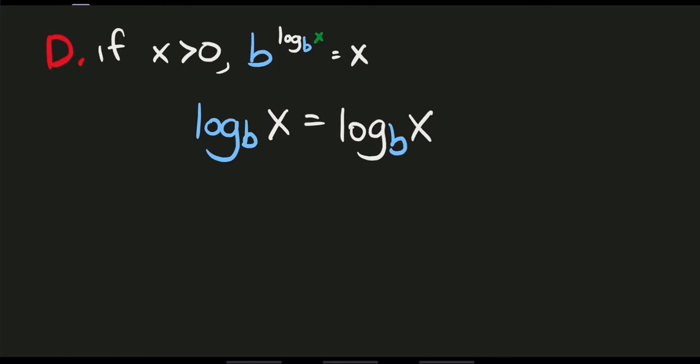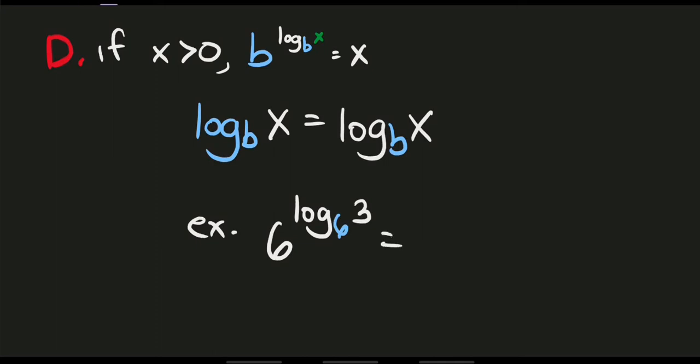So let's try to solve some problems using this property. So for example, number 4, let's say we have this 6 as our base. Okay, 6 raised to the logarithm of 3 with the base 6, and that is equals to what?